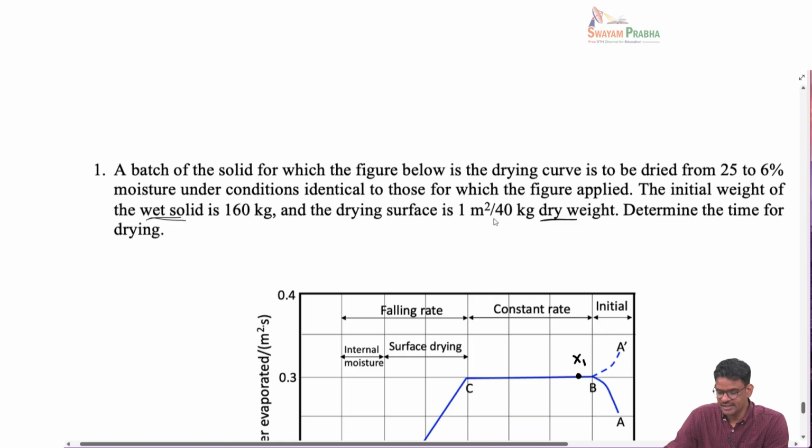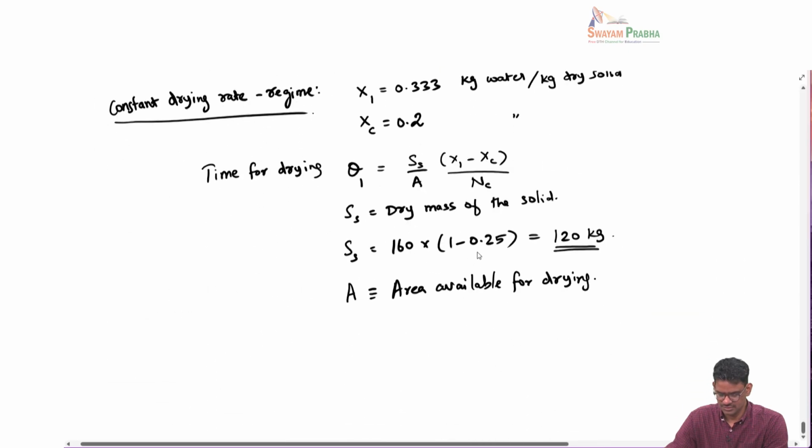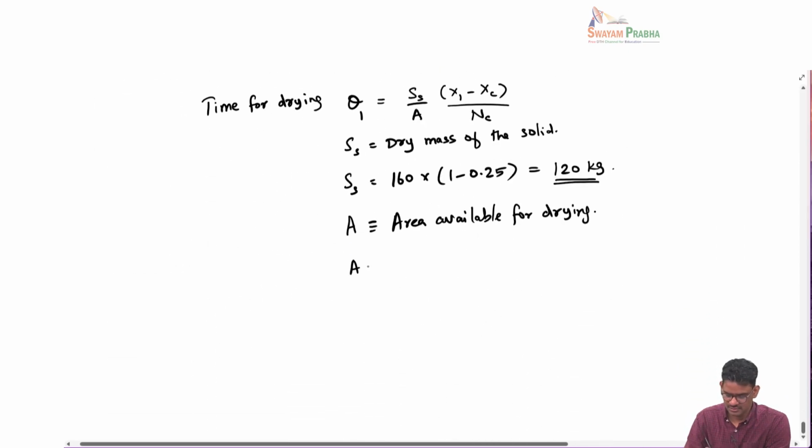The actual solid contains 120 kilogram of dry weight, so the area should be 3 times this. So A is 1 meter square per 40 kilogram, but the dry weight we have is 120 kilogram. This basically gives me 3 meter square.